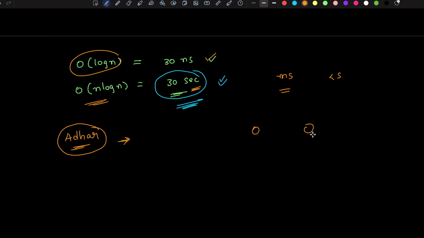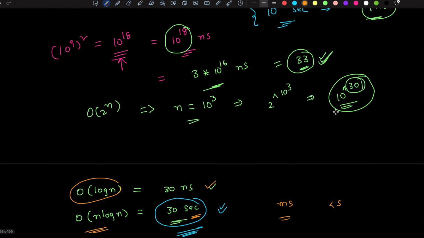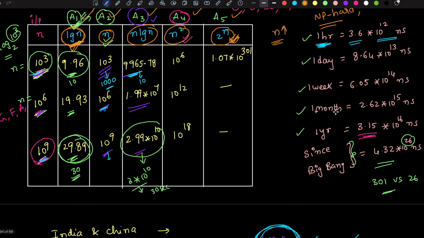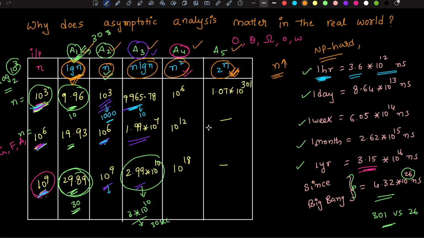If we ignore the asymptotic complexity, our systems may become unstable at scale. If you understand it properly, we can design a solution that scales to millions or billions of users. That is why asymptotic analysis is one of the most important concepts in algorithm design. So that's the reason we should learn the topic of asymptotic analysis in the real world.